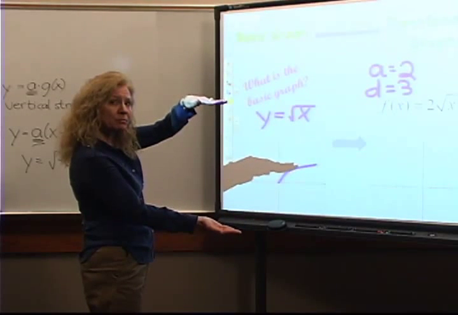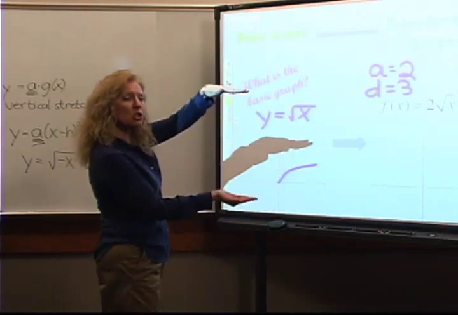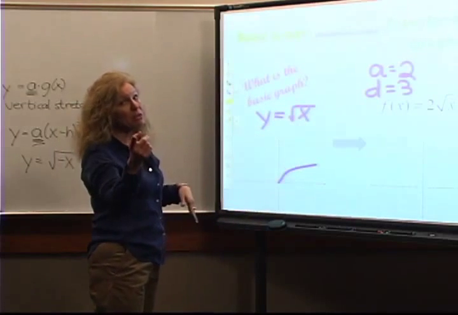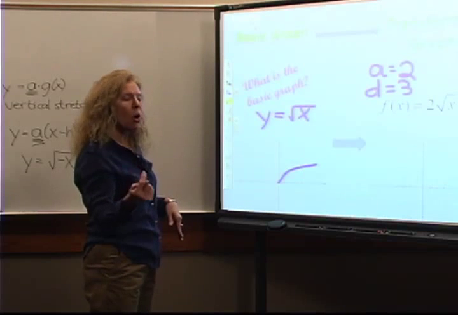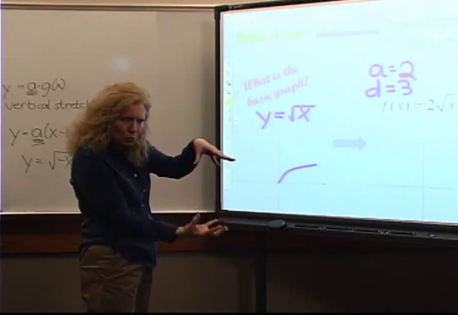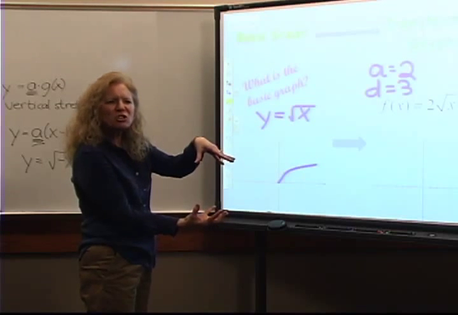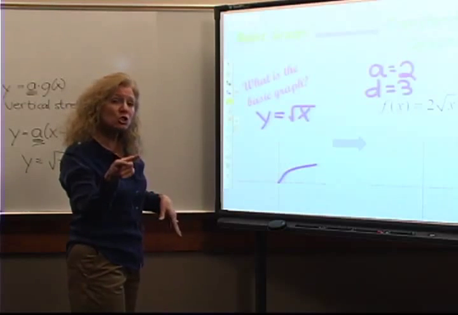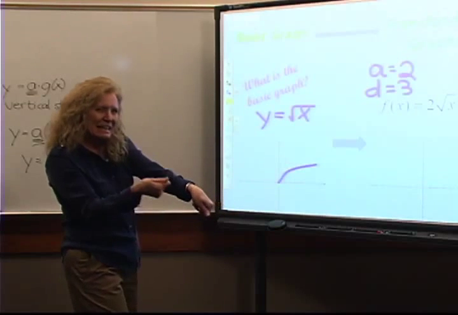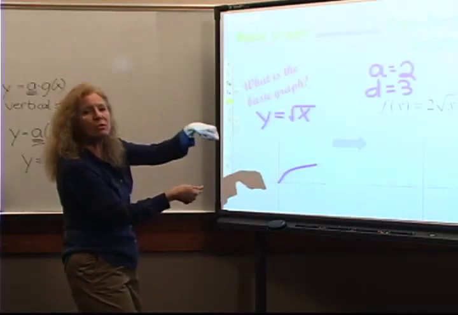What does the D do? Shifts the whole thing up. Now, by the way, they're both vertical moves, but please keep straight the difference. One of them is a vertical stretch in which the curve is actually changed, and the other one is a vertical shift in which you just peel it all up and just move it.